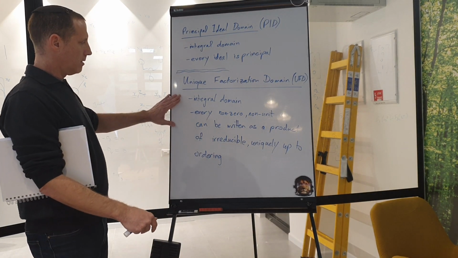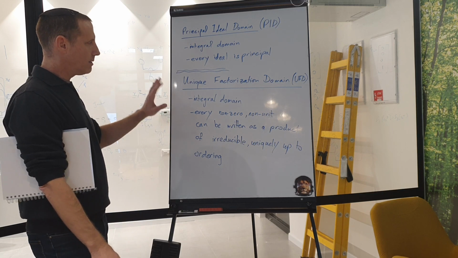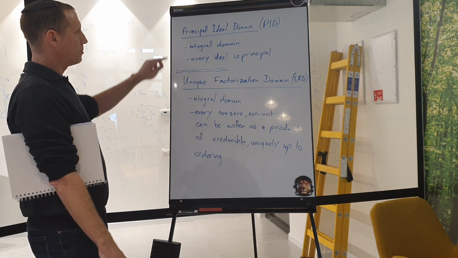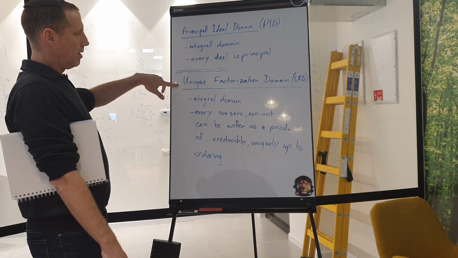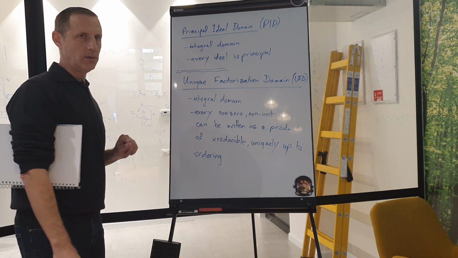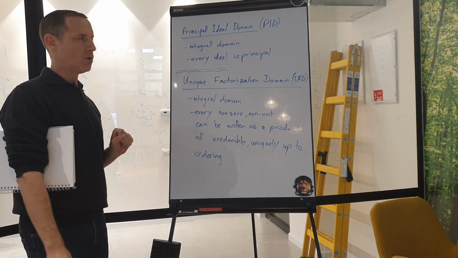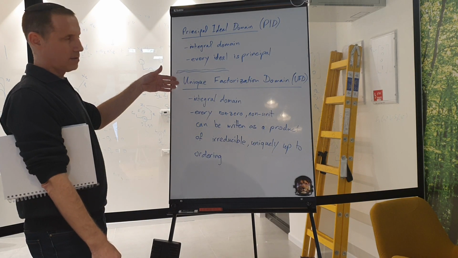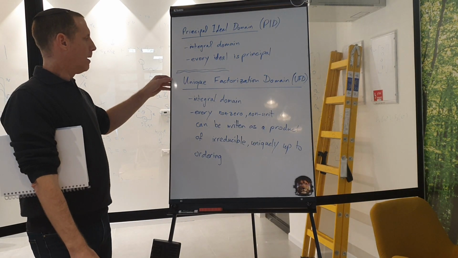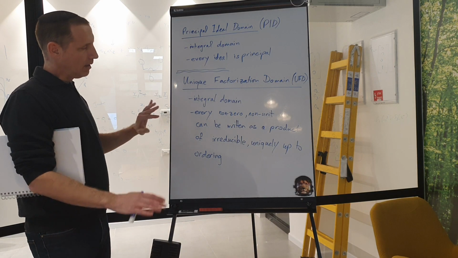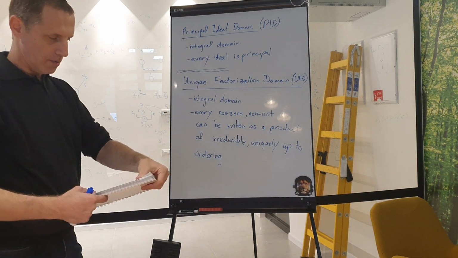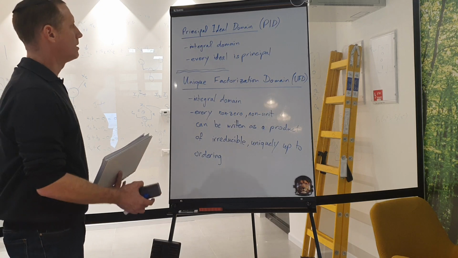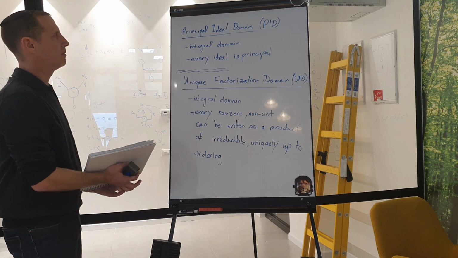What I essentially wanted to say is that principal ideal domains are always UFDs. That nesting structure in a way gives it this property, and that's it. If you're interested, you can dig into PIDs.